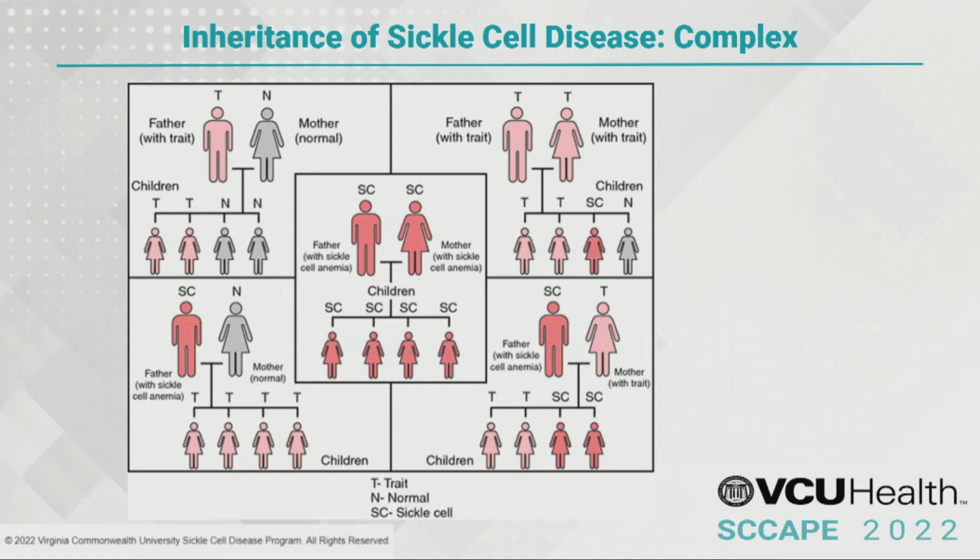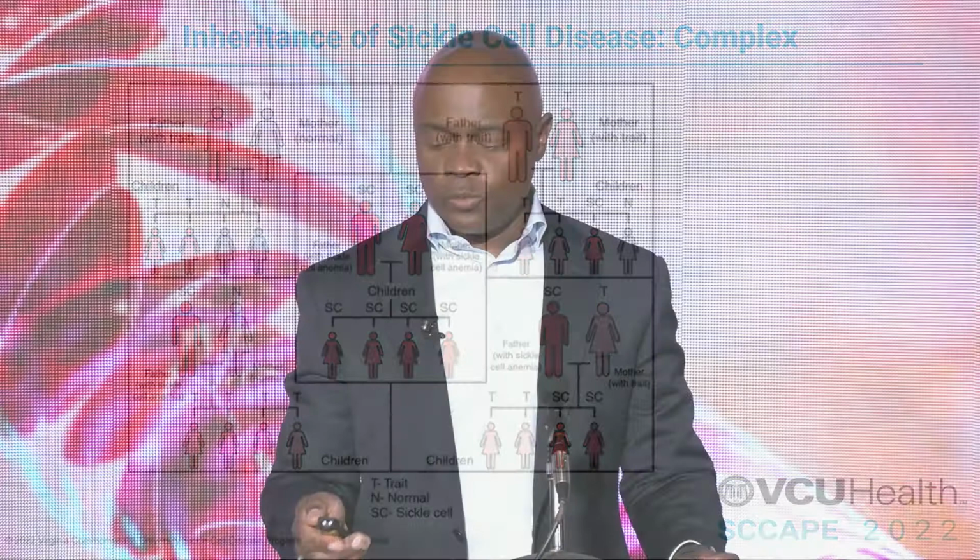And then if you go finally to the bottom left, where you have somebody that has sickle cell disease, so SS disease, and the other parent does not have the trait, does not have the disease, then every single child will have the sickle cell trait. So that just kind of explains how genetics works with autosomal recessive.